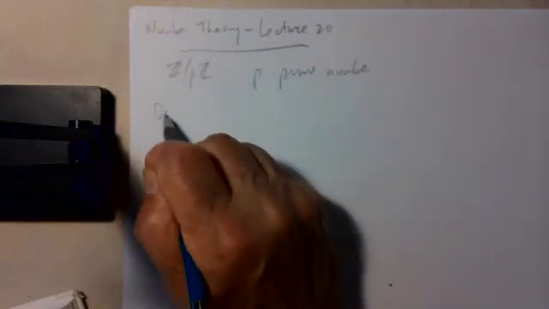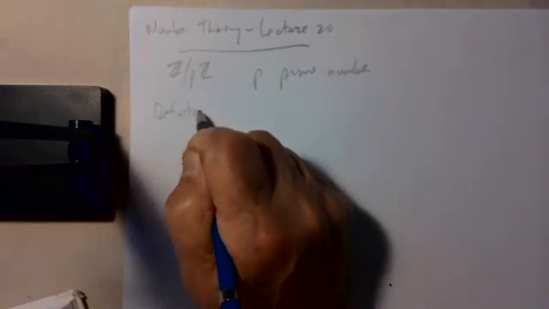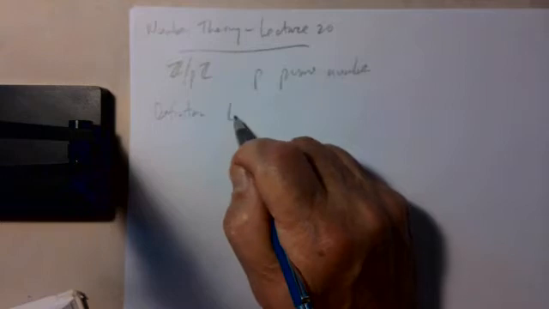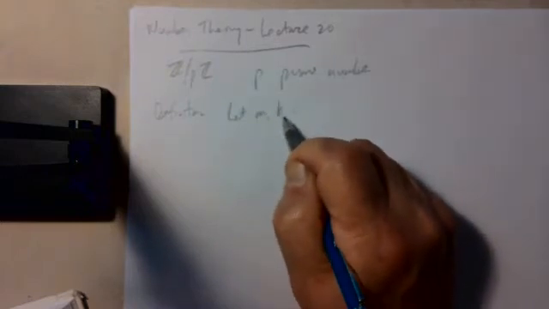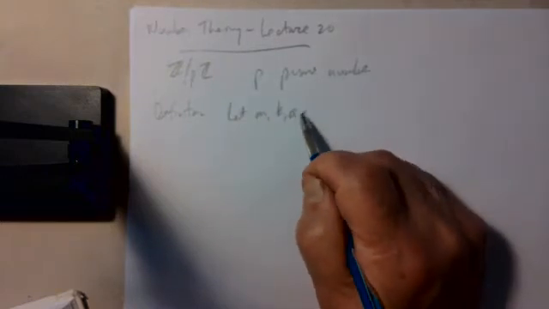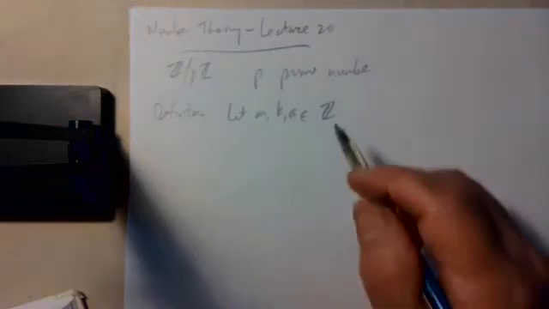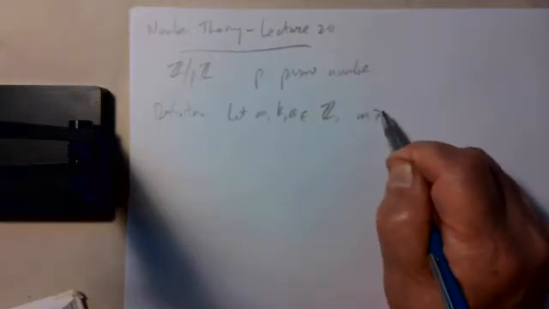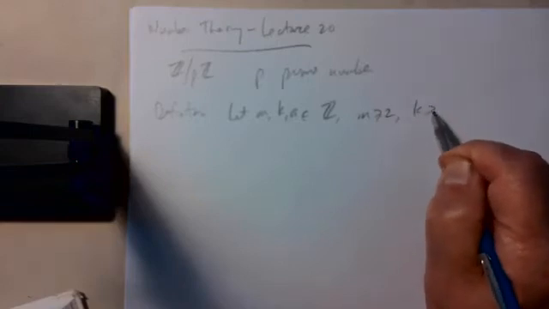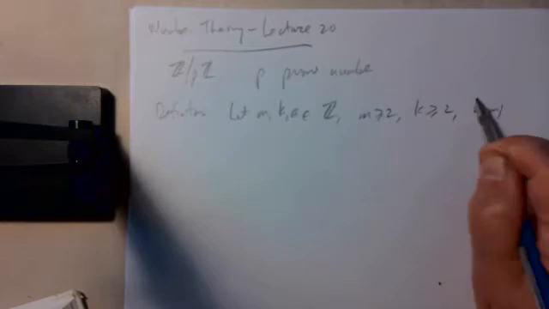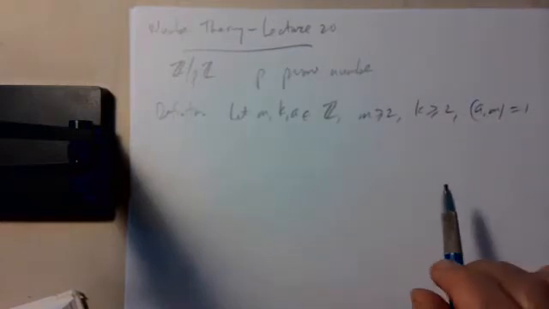So this is the definition of what is called a kth power residue. So let M, K, and A be integers, where M is going to be the modulus, at least 2, K is a kth power, K is at least 2, and A and M are relatively prime.